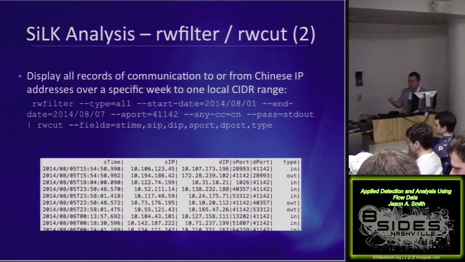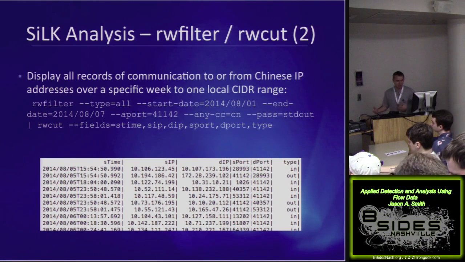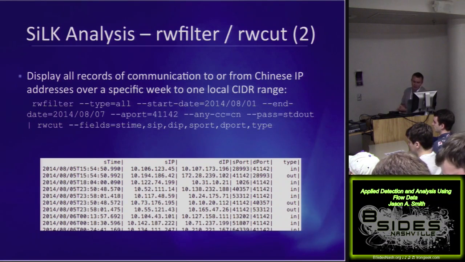You only need 1 to get it to work, but that specifies it down to about a week. Then we have 2 different partitioning options where we're looking at only Chinese traffic if it occurred as source IP or dest IP, and a port of 41142. And then we're passing it to standard out, which RW cut takes and prints like you see here.